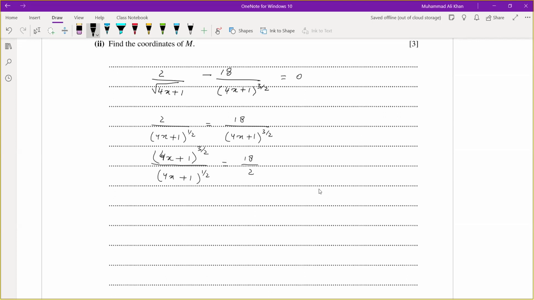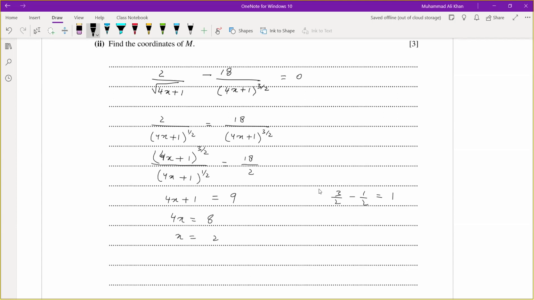Now, basis same, so 4x plus 1 whole power 3/2 minus half, and 3/2 minus 1/2 will be 1. So it is 4x plus 1 equals to 18/2 is 9. So 4x equals to 9 minus 1, 8, and the value of x is 2.